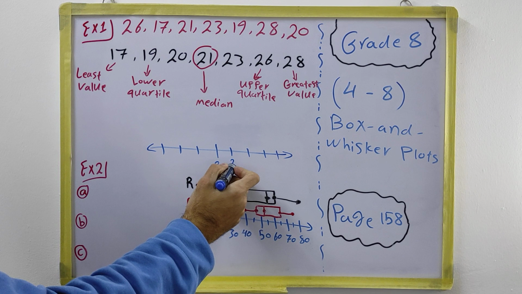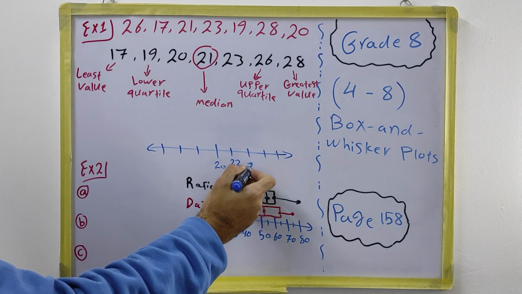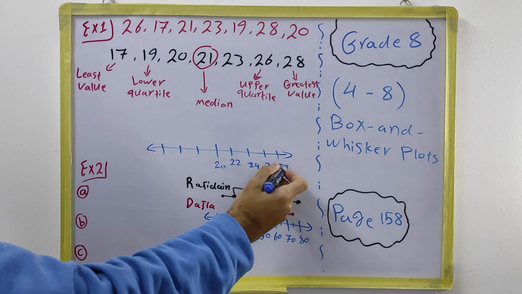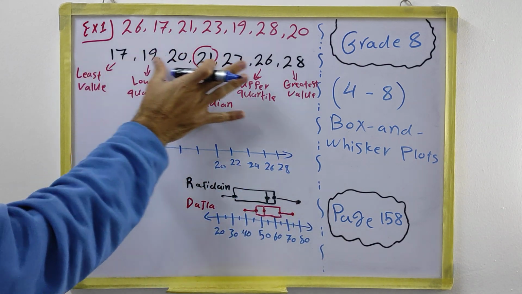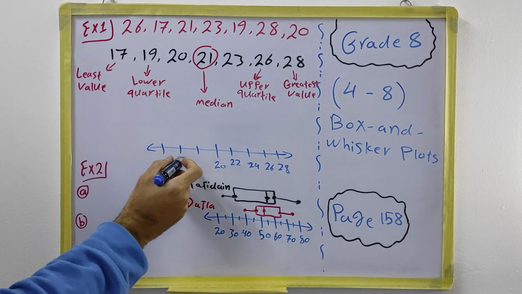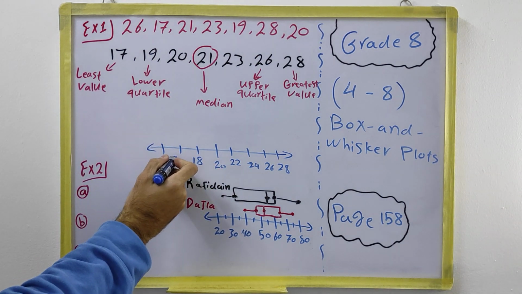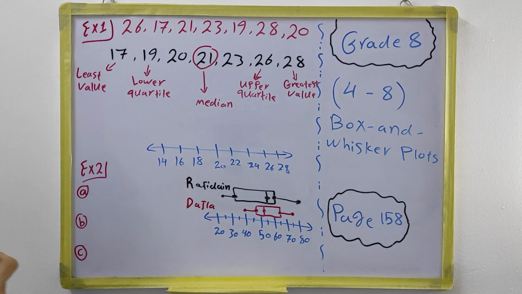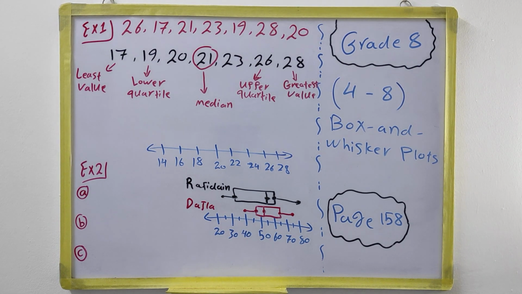We write those numbers from this set, from 17 until 28, on the line. 16 and let's say 14. We will show these numbers on the line.